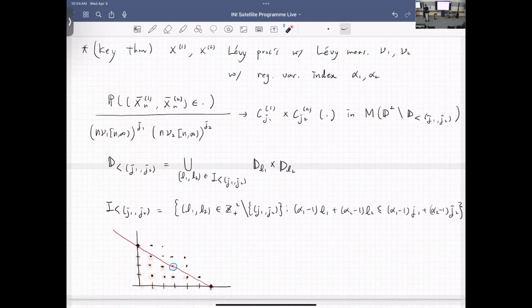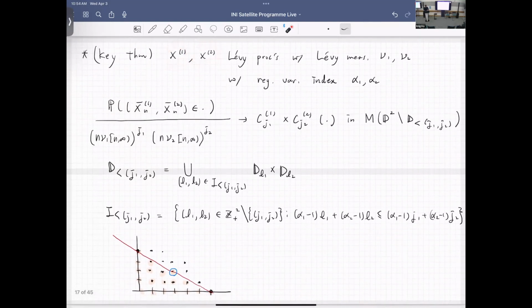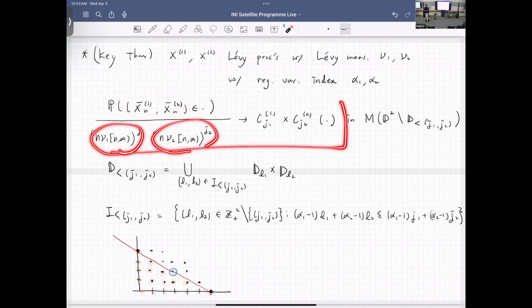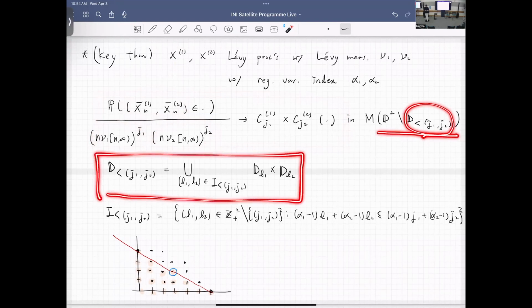So with these two machineries, you can actually prove that two Levy processes, jointly, have this M convergence, where the set you subtract is this set.